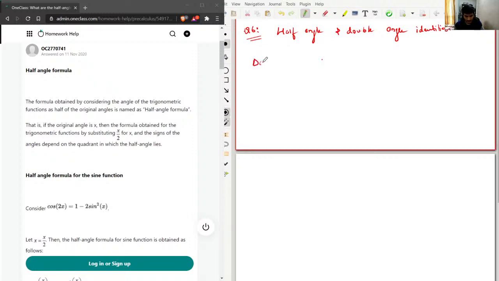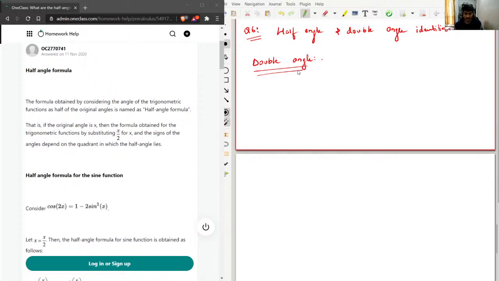So, double angle. Double angle identities are basically, for example, if you have let's say sine of 30 degrees, cosine of 30 degrees and tangent of 30 degrees, and you want to calculate the trigonometric ratios for 60 degrees, which is double the angle whose trigonometric ratios you already know.